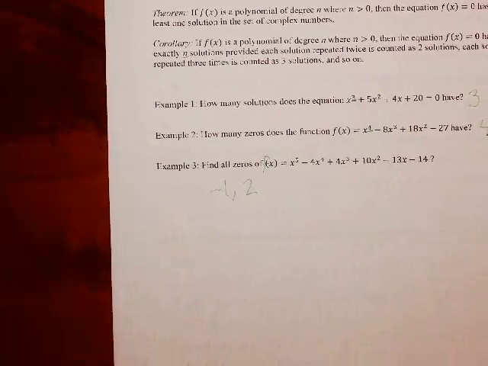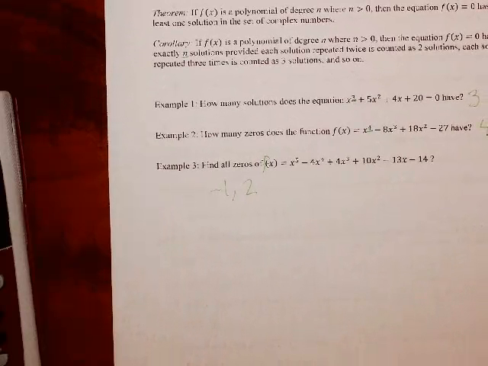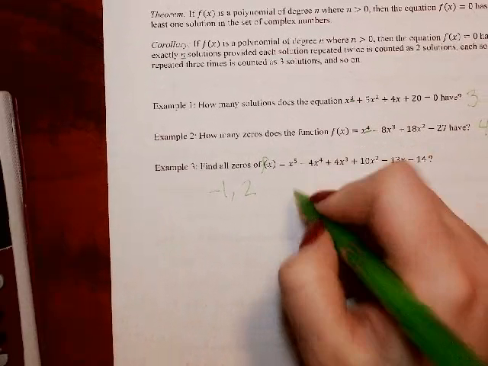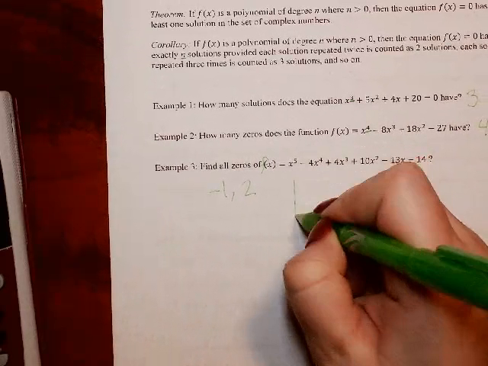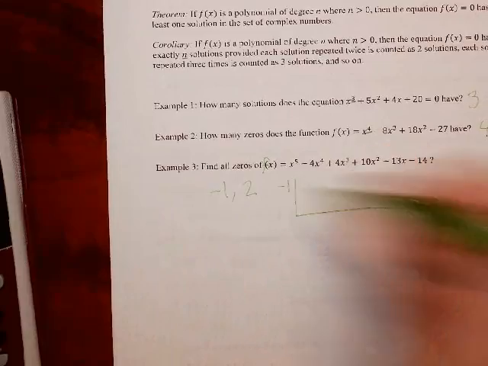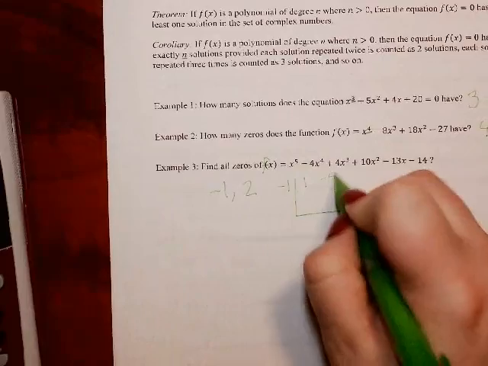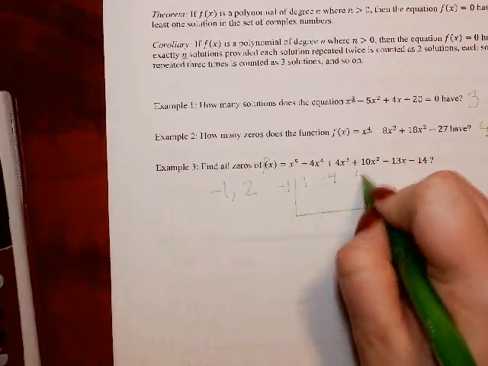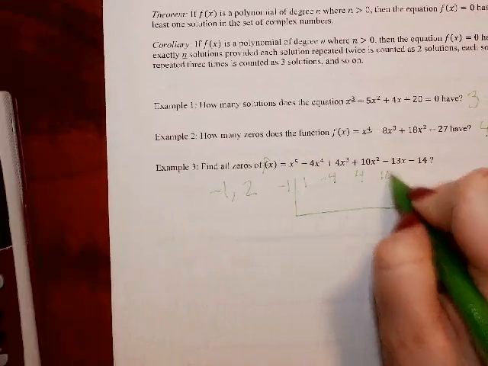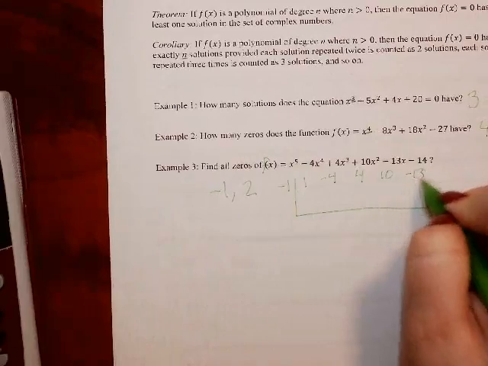So we have, I'm going to use synthetic division. We have -1. We have 1x to the fifth minus 4x to the fourth, 4x to the third, 10x squared minus 13x minus 14.